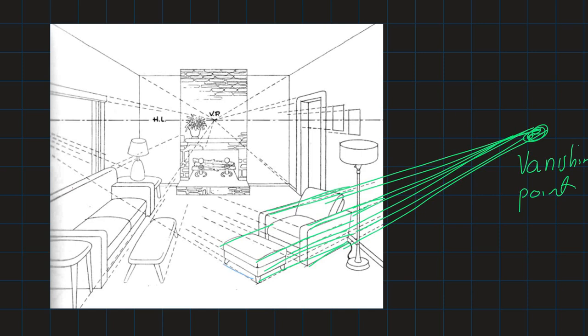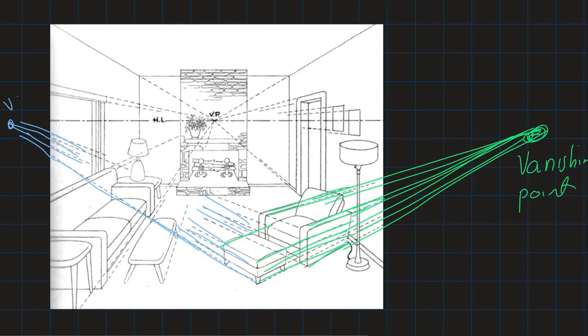The other direction of this futon seems to be leading this way, and all of these lines will converge to some vanishing point which is also outside of the frame. So here's another vanishing point.